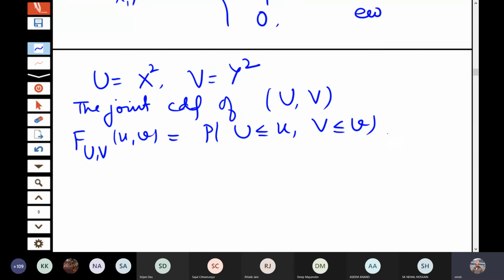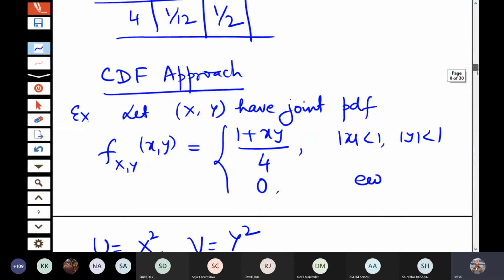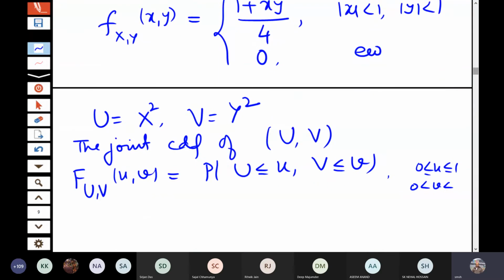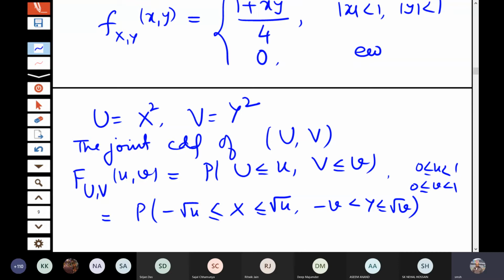So for 0 less than u less than or equal to 1, 0 less than v less than or equal to 1, this is nothing but the probability of minus square root u less than X less than or equal to root u, and minus root v less than Y less than or equal to root v.